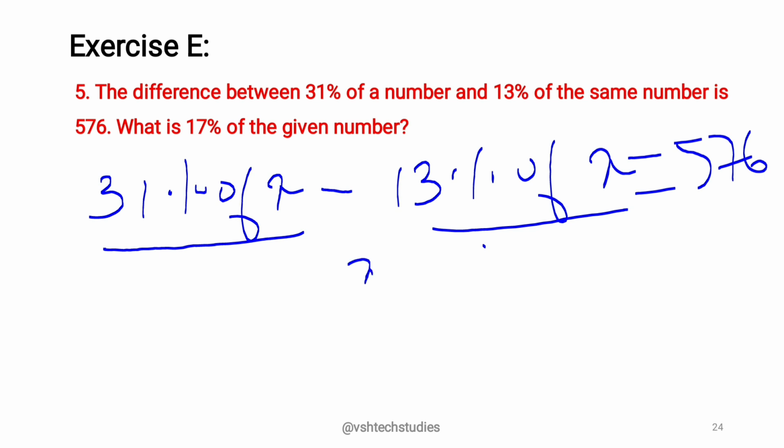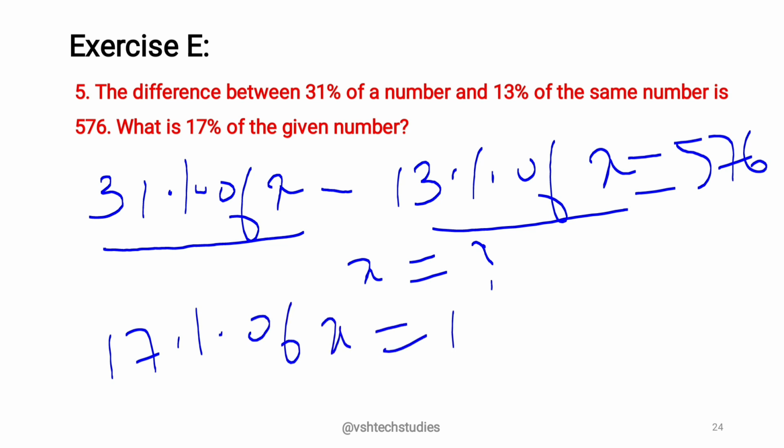So from this we will get what is x, that is the given number. But the question is, what is 17% of the given number? 17% of x is how much? So this is what is required here. So this has two steps.